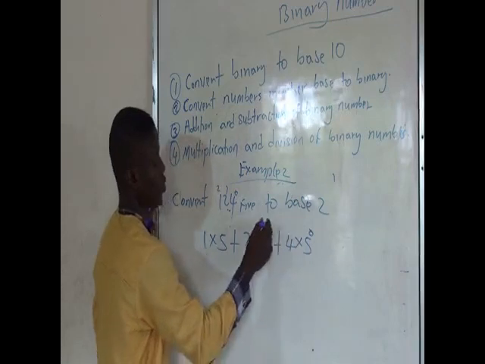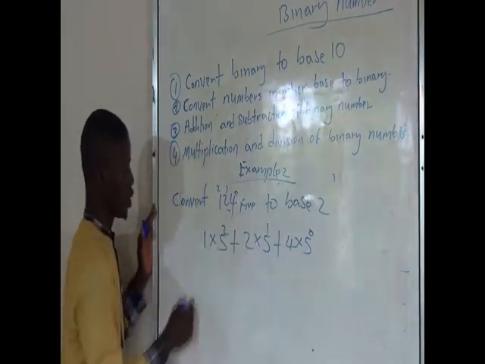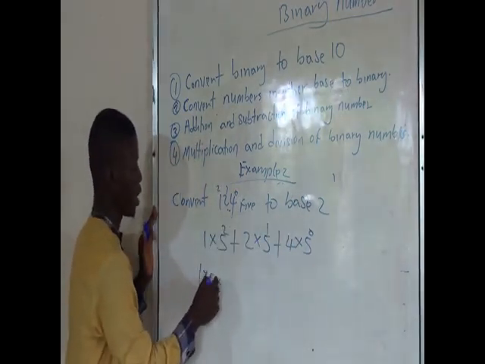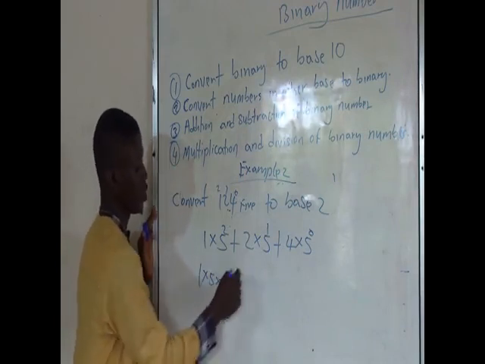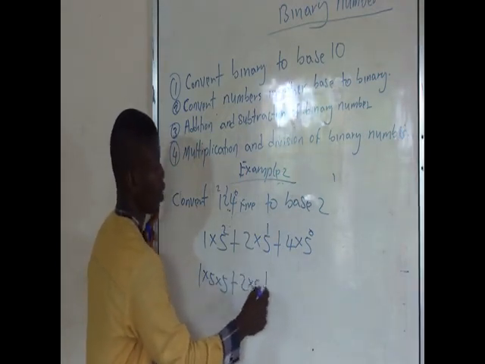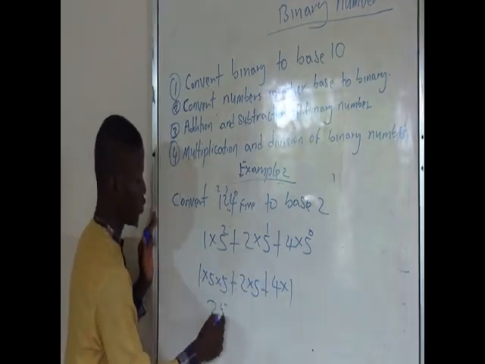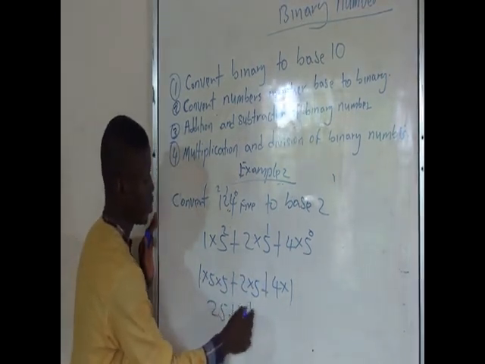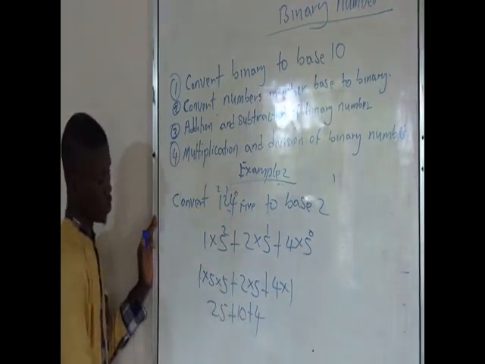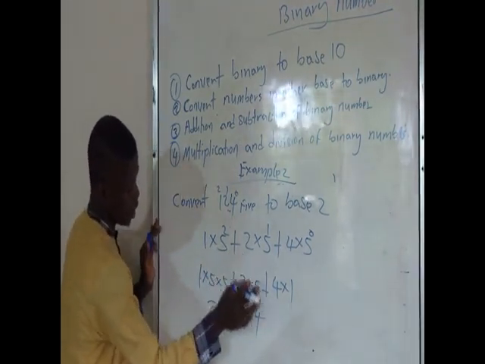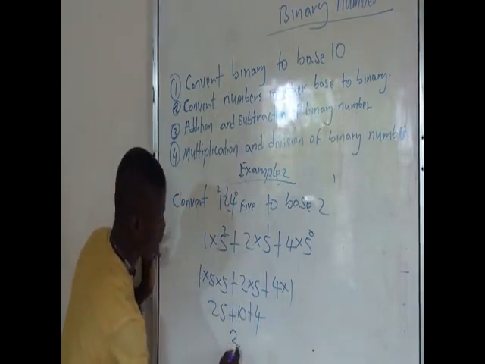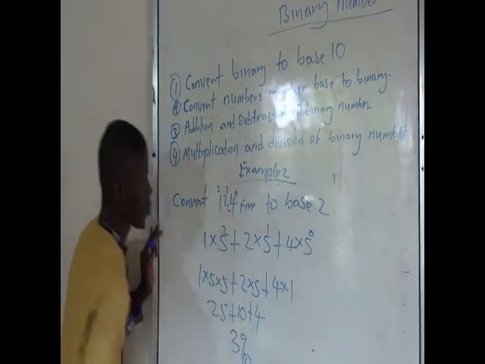Raised to power 0, raised to power 1, and raised to power 2. Which will give us 1 times 5 times 5, plus 2 times 5, plus 4 times 1. 5 times 5 is 25, plus 10, plus 4, which will give us 39. The answer is 39 base 10.